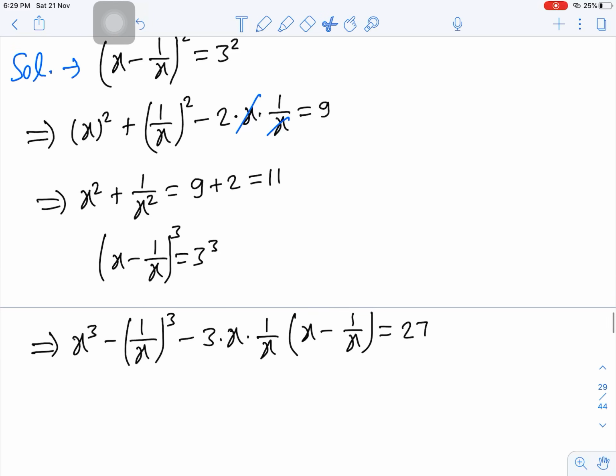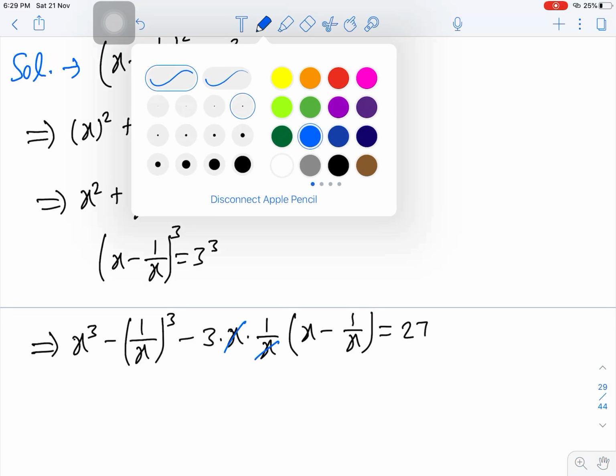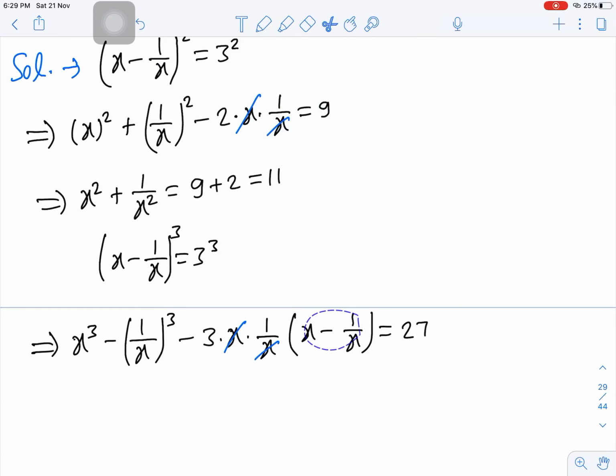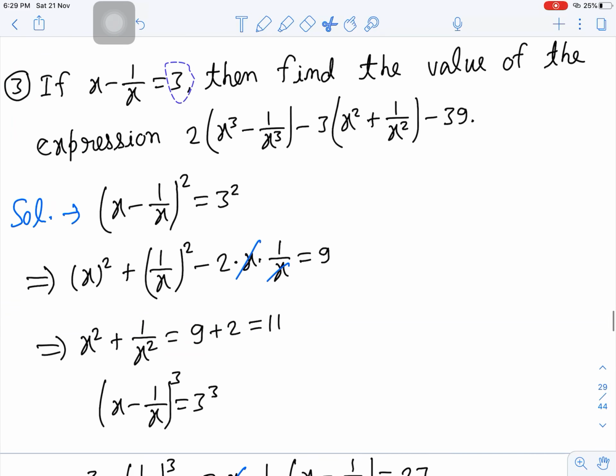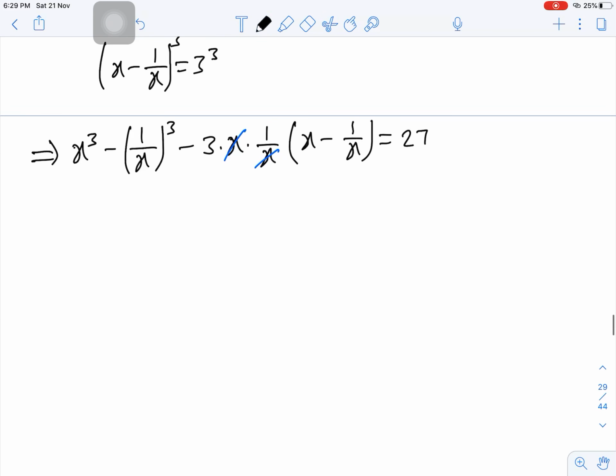Okay student, now here x and x will get cancelled. So you will get x minus 1 by x, which is nothing but 3. So you will get 3 into x minus 1 by x, that is nothing but 3.